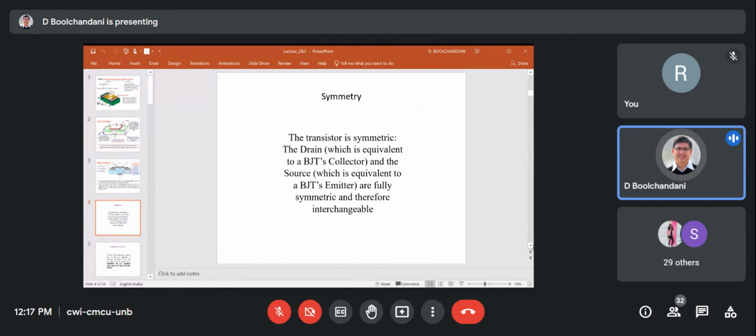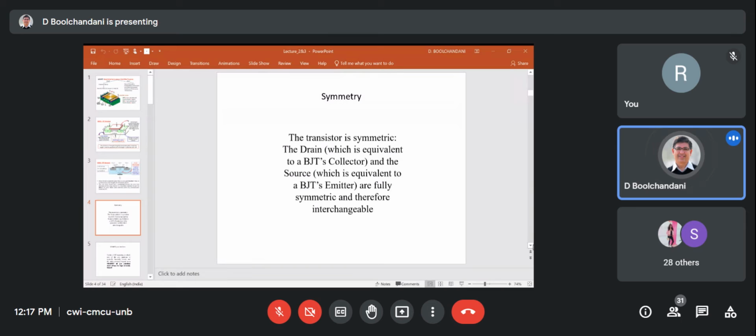And we'll see that this transistor is symmetric. Drain, which is equivalent to BJT's collector, and the source, which is equivalent to BJT's emitter, are fully symmetric and therefore interchangeable. In an N-type MOSFET, the terminal which is connected to the highest positive potential acts as a drain, and the one connected to lower potential acts as a source.